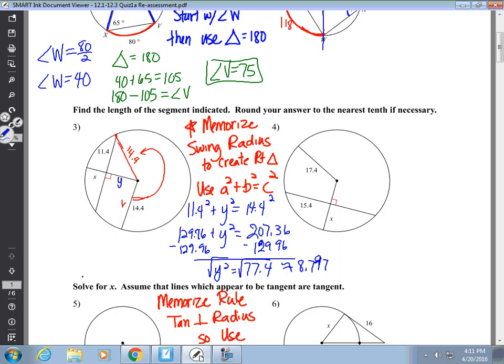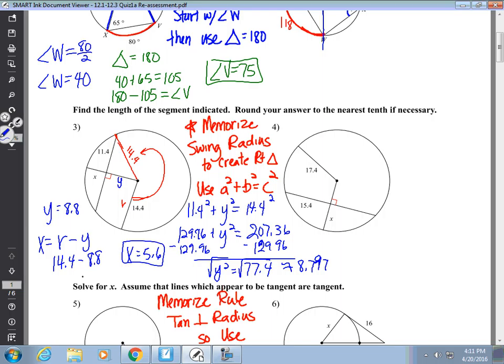So y equals 8.8, and I want to find x. To find x, I'm just going to take the radius minus that y. So that's 14.4 minus 8.8, and so x is approximately 5.6.